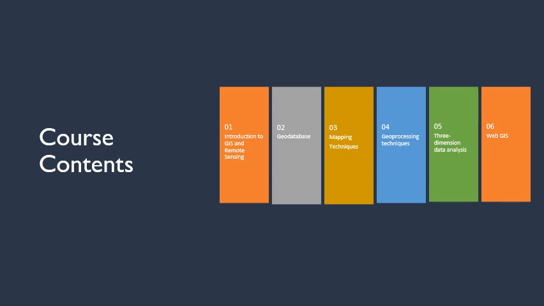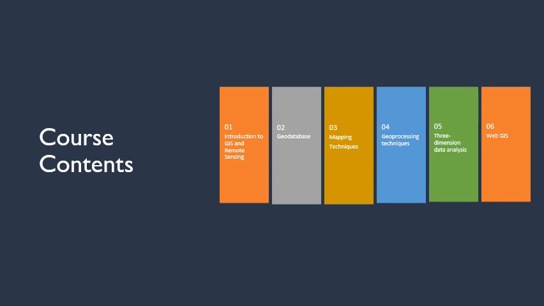Though there is a separate course for 3D analysis in detail, here we will give you a brief outline and some exercises also to understand three-dimensional data analysis. And the last chapter will be the web content, I mean the web GIS.